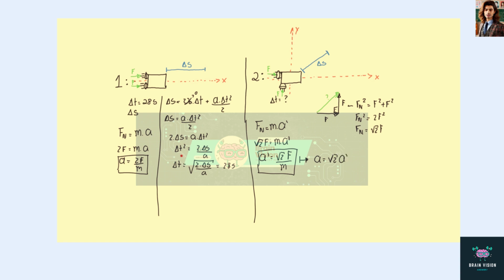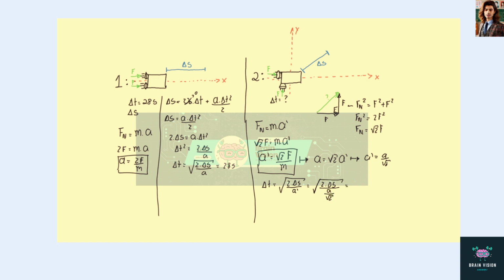Then we can use this relation, only changing A by A prime, to get the following. Delta t is equal to the square root of 2 times delta s divided by A prime. But A prime is equal to A divided by the square root of 2. So we have 2 delta s divided by A divided by square root of 2.